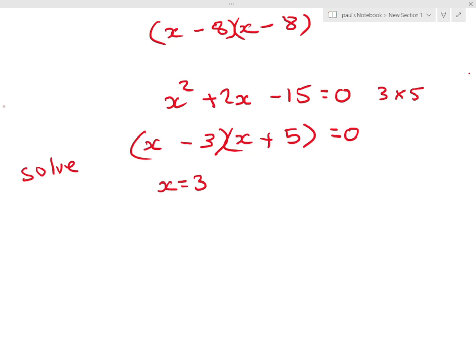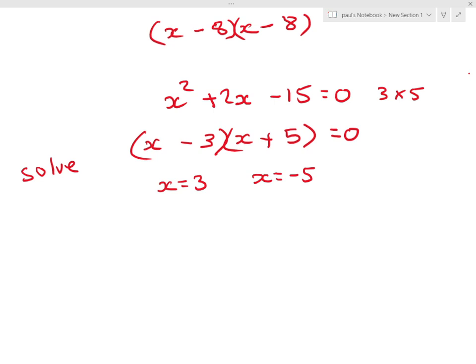On the other hand, for the right hand bracket to equal 0, x must be equal to minus 5. So minus 5 plus 5 equals 0. So this is why in a quadratic equation you get two answers.